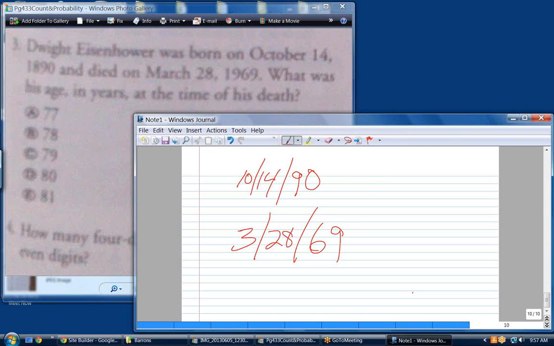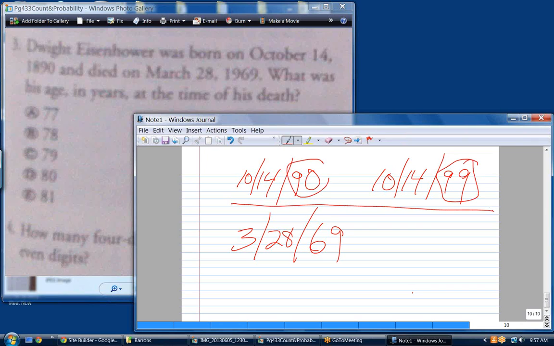How old is he on this date right here? I'm sorry, he's 9. Okay, and we got that by subtracting that minus that, not adding 1 or anything.